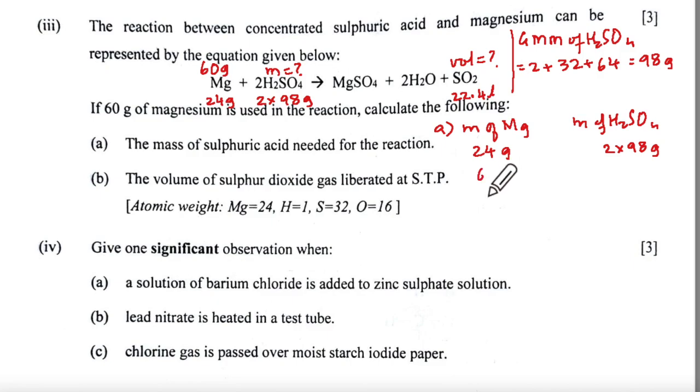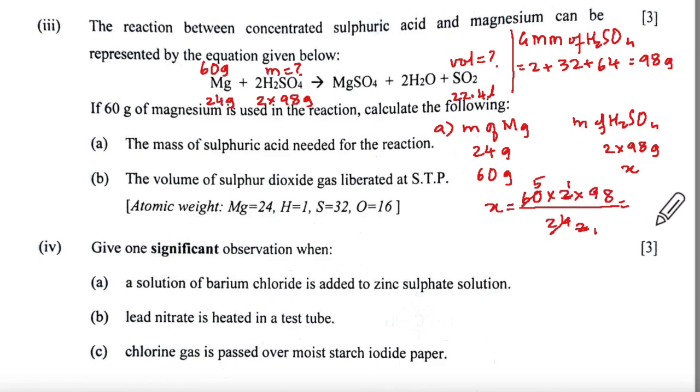So if it is 60 gram, then how much should this be? When we calculate, we'll use unitary method. So 60 into 2 into 98 upon 24. 12 fives and 12 twice, this gets cancelled.